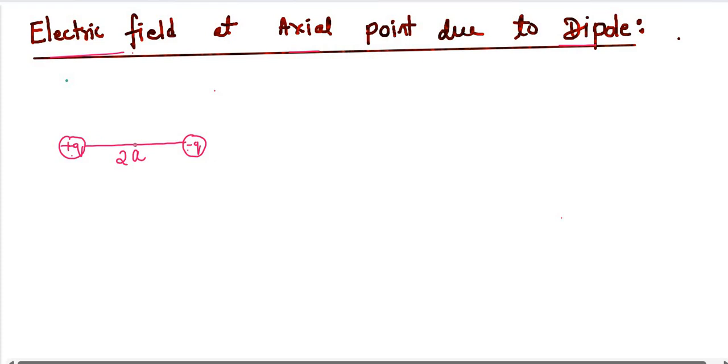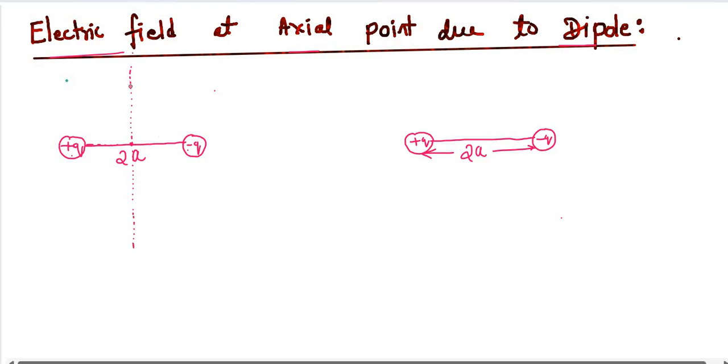What will be the electric field due to this dipole at some distance? There are two points that we define for a dipole. The distance between the charges, we always take 2a as a standard distance. Any point on the perpendicular bisector of the dipole is called an equatorial point.